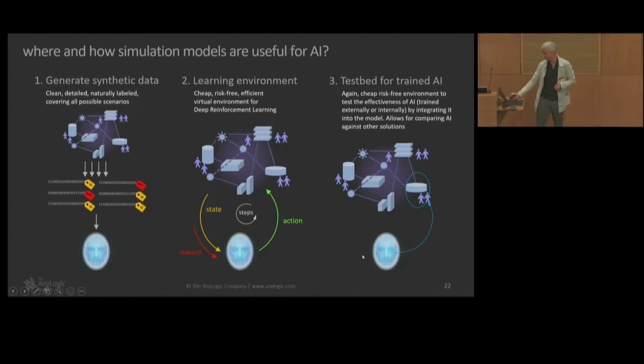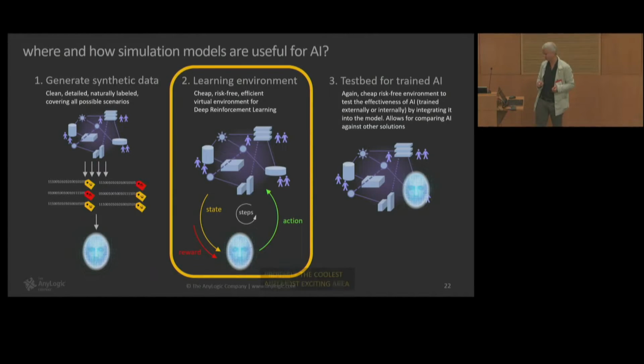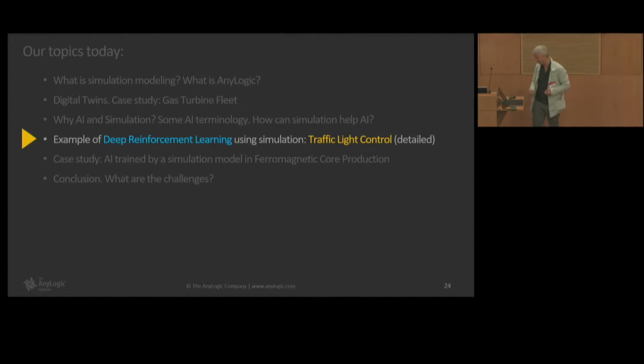So what you can do is use AI as a part of the simulation model and run some test scenarios and see how well this guy will control the facility. Now, out of these three, the most money is actually invested into the machine learning type, and people treat that as the most exciting type of link between simulation and AI.